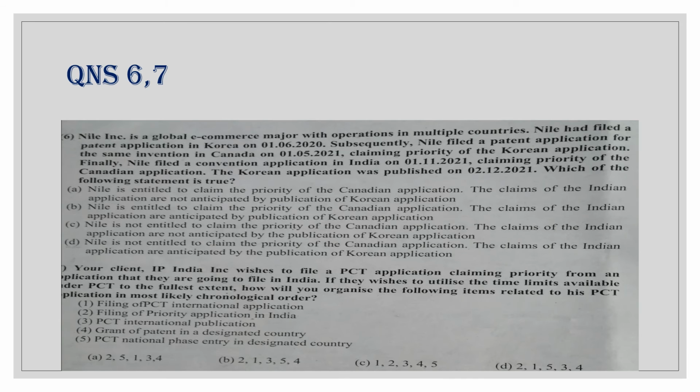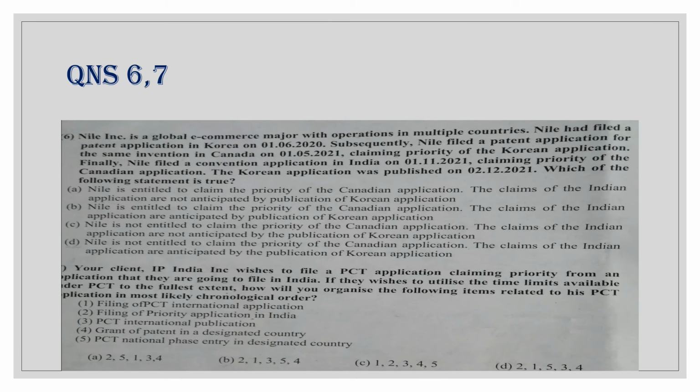Finally, Nile filed a convention application in India on 1st November 2021, claiming priority of the Canadian application. The Korean application was published on 2nd December 2021. Which of the following statements is true?